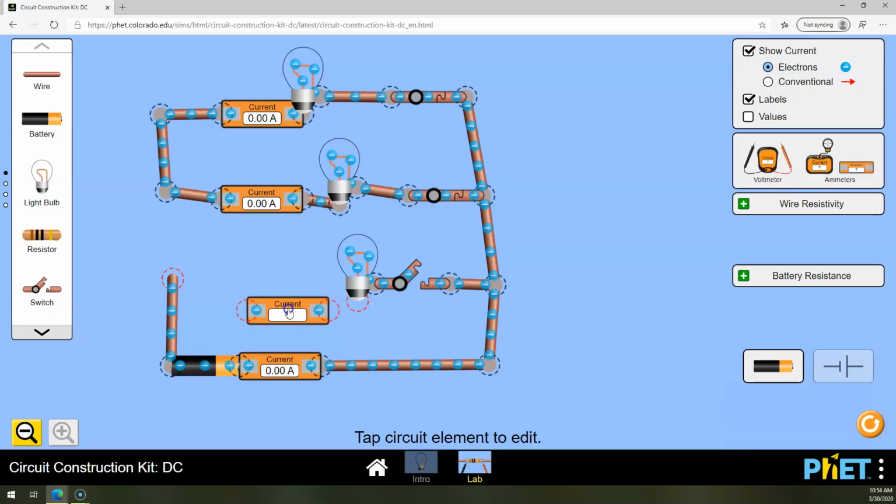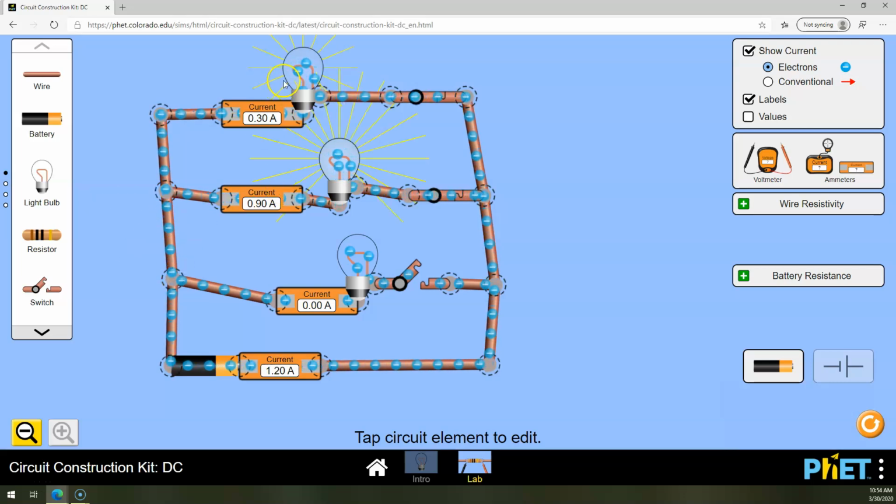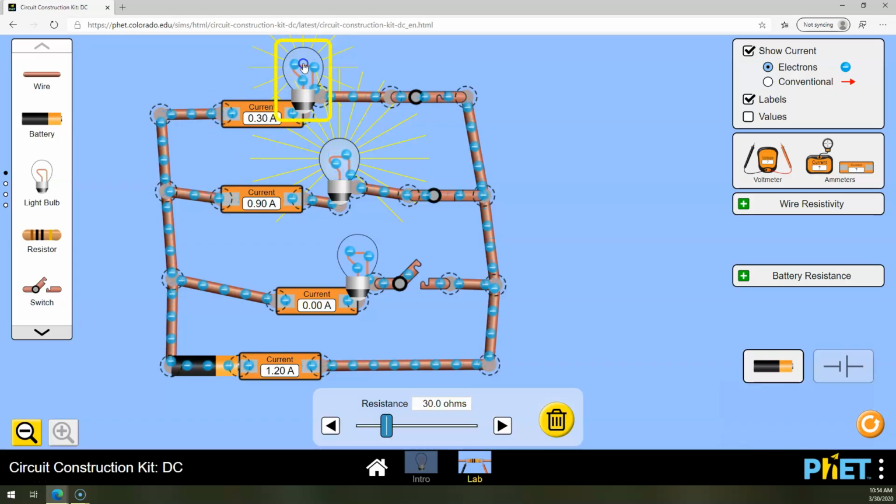And let's again measure the current through there. The current is how much stuff is flowing, and I'll go through the units of everything in a minute, but here we go. All right, I've got my 0.3 amps because that's a high resistance, so it's getting a lower current. There's more resistance to flow.